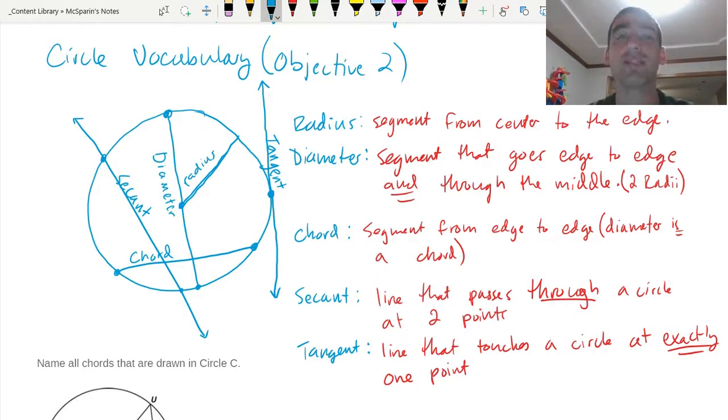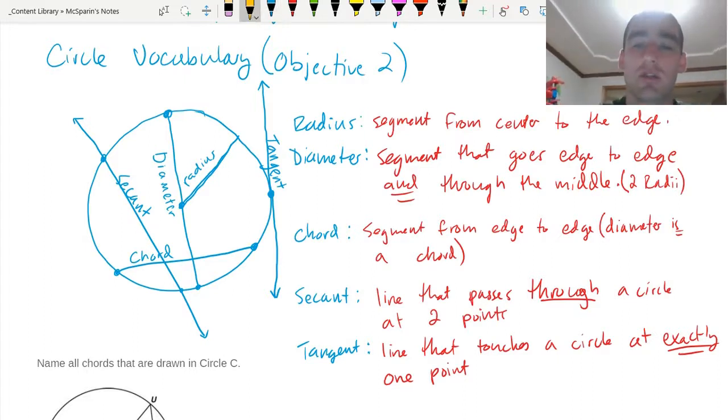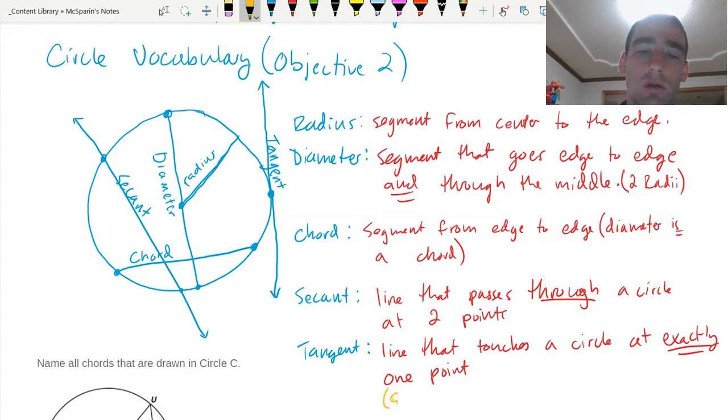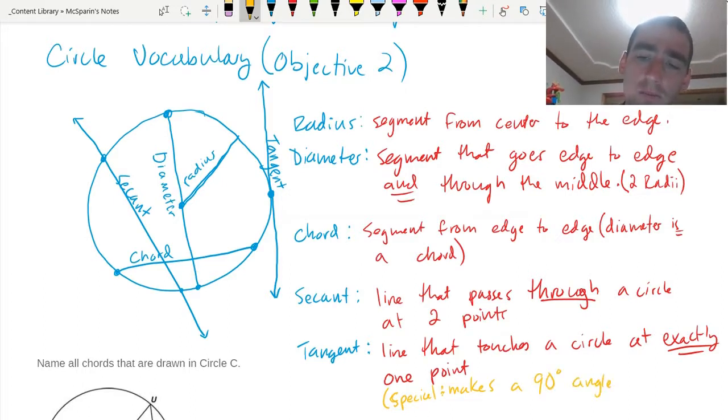Now there's a really special thing about a tangent. Okay, so special, I'm going to put it in orange. Special, okay, is that every tangent makes a 90-degree angle with a radius.